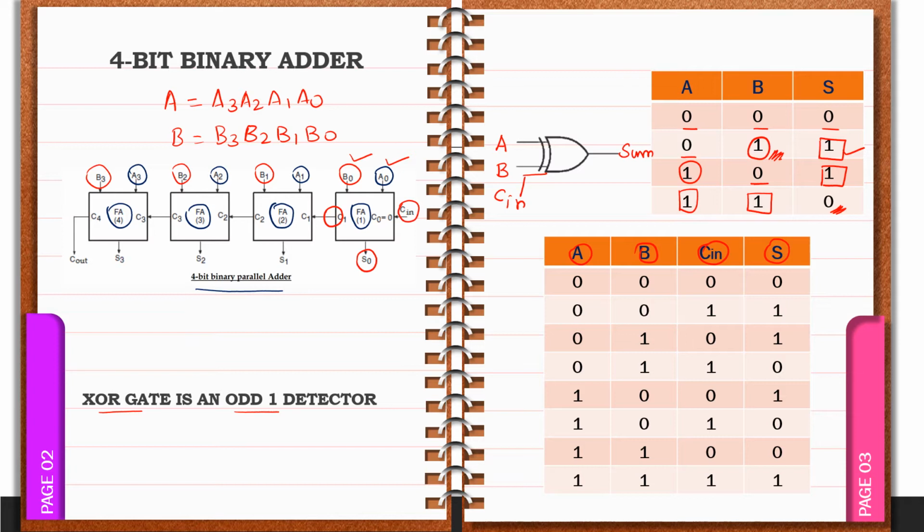As I told, the XOR gate is an odd ones detector. Here A is 0, B is 0 and C is 0, so there is no 1 and the output is 0.